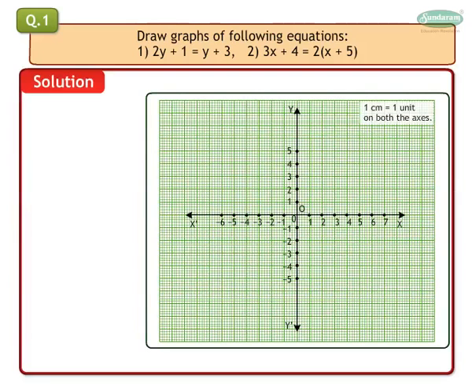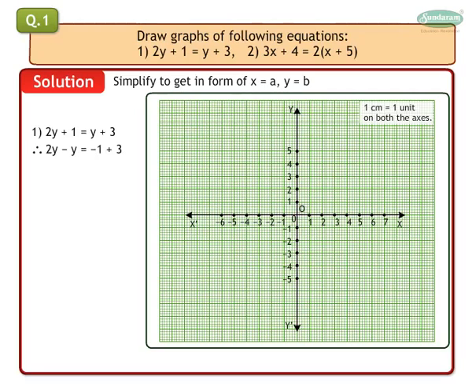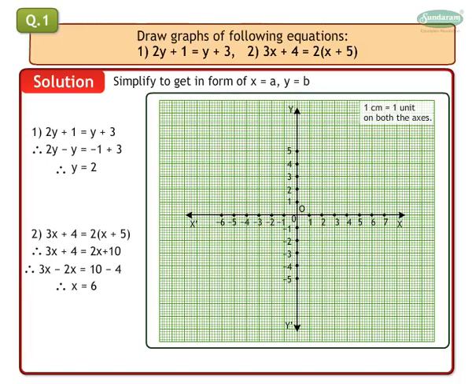Here students, we first simplify the equations to get in the form of x is equal to a and y is equal to b. Let us take equation 1. On simplifying and solving, we get y is equal to 2. Similarly, take equation 2. On simplifying and solving, we get x is equal to 6.